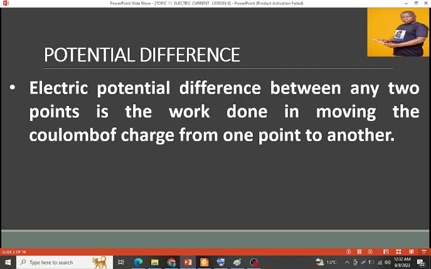Without this work done or energy, charge cannot flow. In other words, there can never be electric current. So we need energy to move the charge or the electrons around the circuit. That energy which moves electric charge in a circuit is called potential difference.